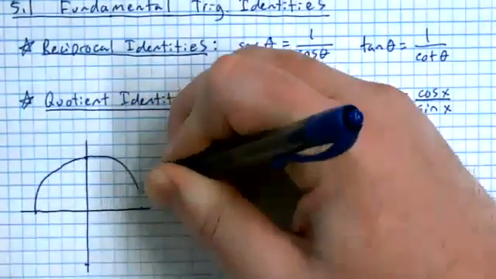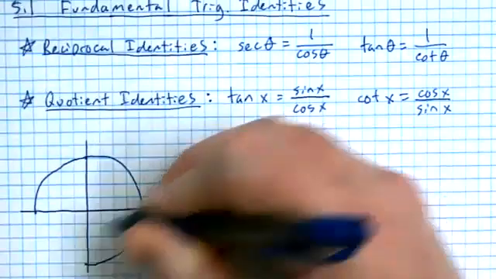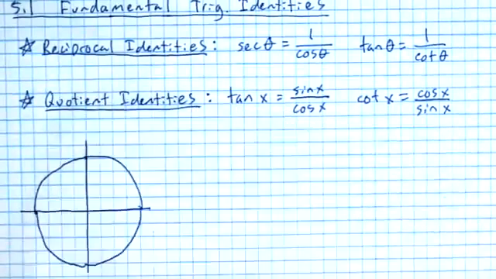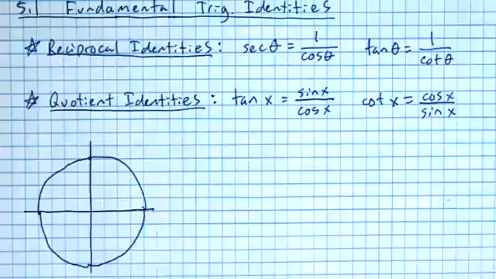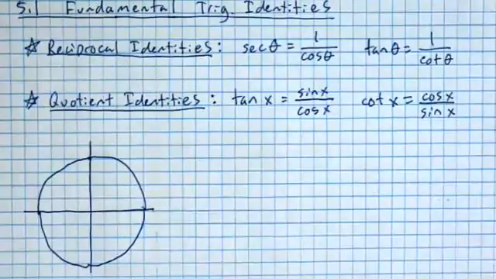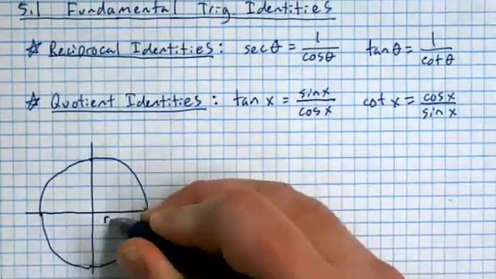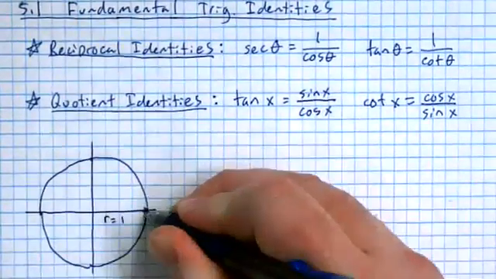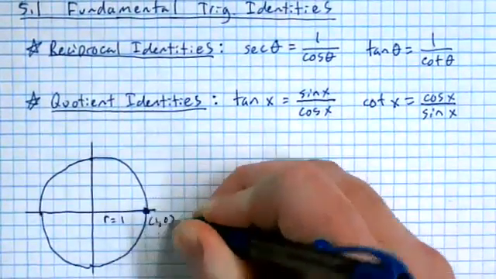Oh, it's going to turn out lumpy. It's in the spirit of a circle. And if this is the unit circle, then the radius would be equal to 1, which would make this point right here 1, 0, right?